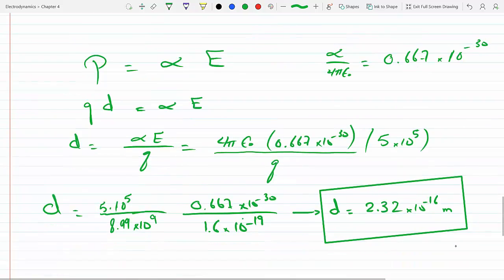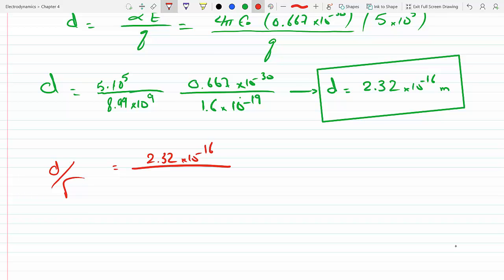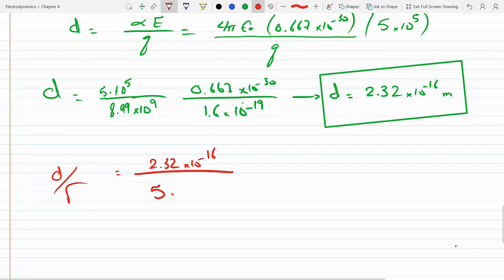So let's get the ratio d over r. We got 2.32 times 10 to the minus 16, divided by half an angstrom, which is 5 times 10 to the minus 11. We get 4.64 times 10 to the minus 6.